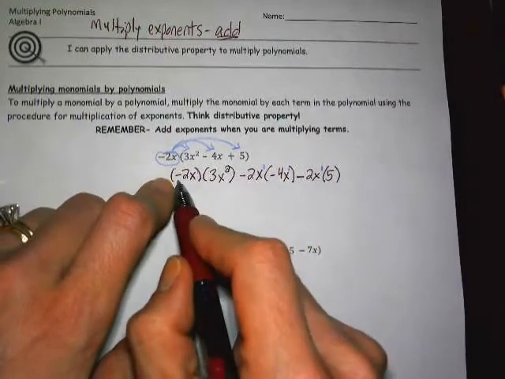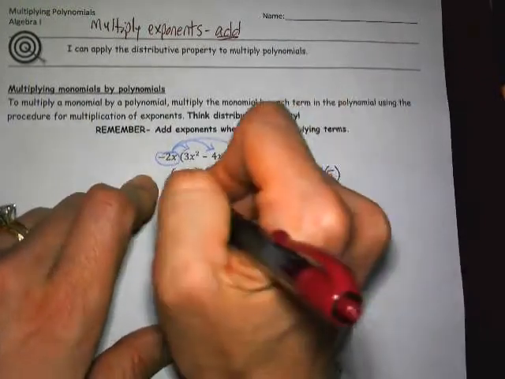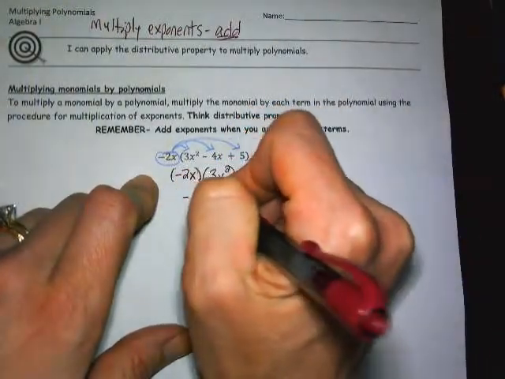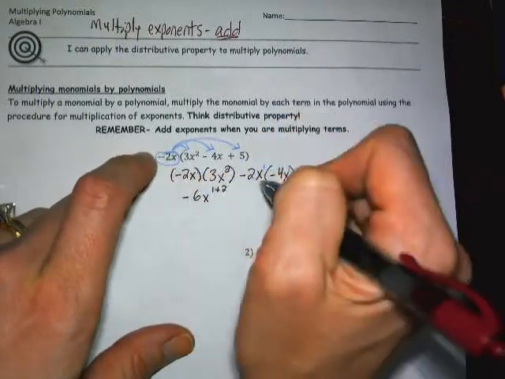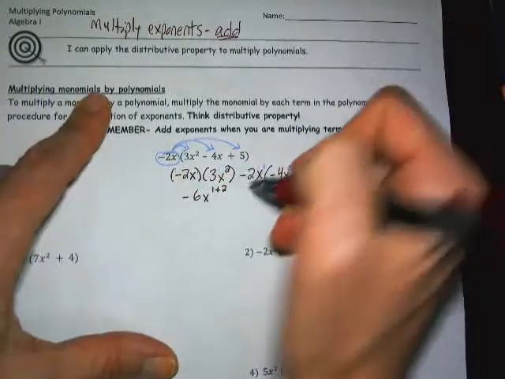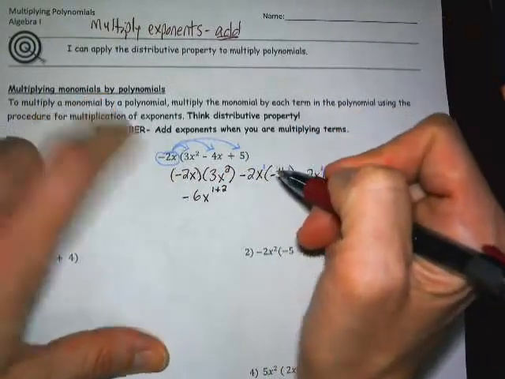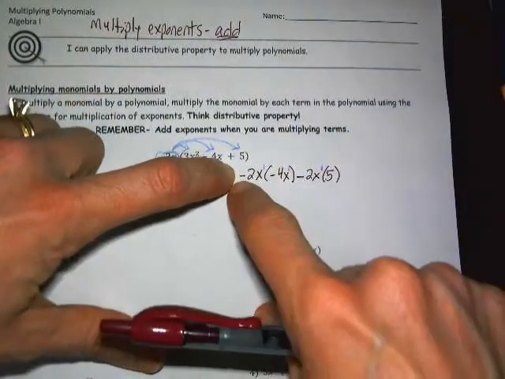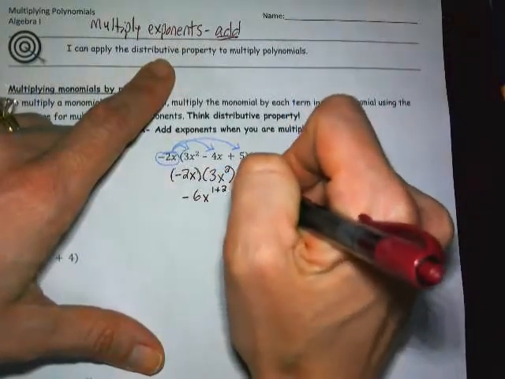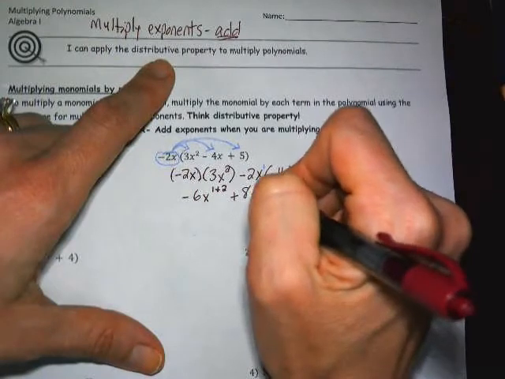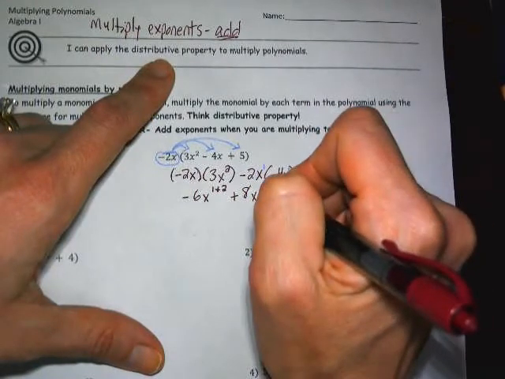So the negative 2 times 3 is negative 6. X to the 1, I'm going to write it piece by piece, plus x squared. Then I'm going to look at my next pieces. Negative 2 times negative 4 is positive 8. Then x to the 1 plus x to the 1.